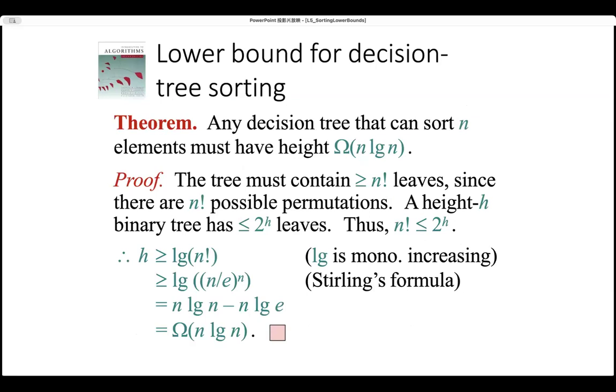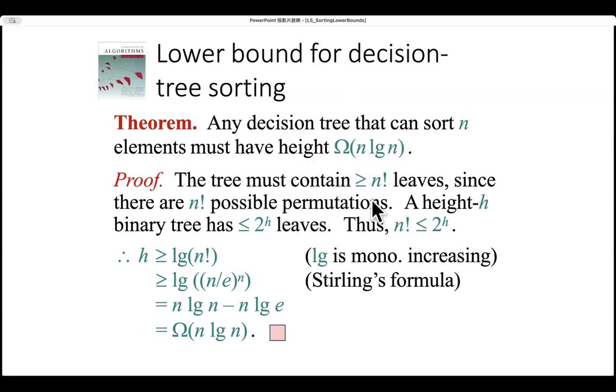So if you agree with this, then we would be able to derive that any decision tree that can sort n elements must have height n log n.